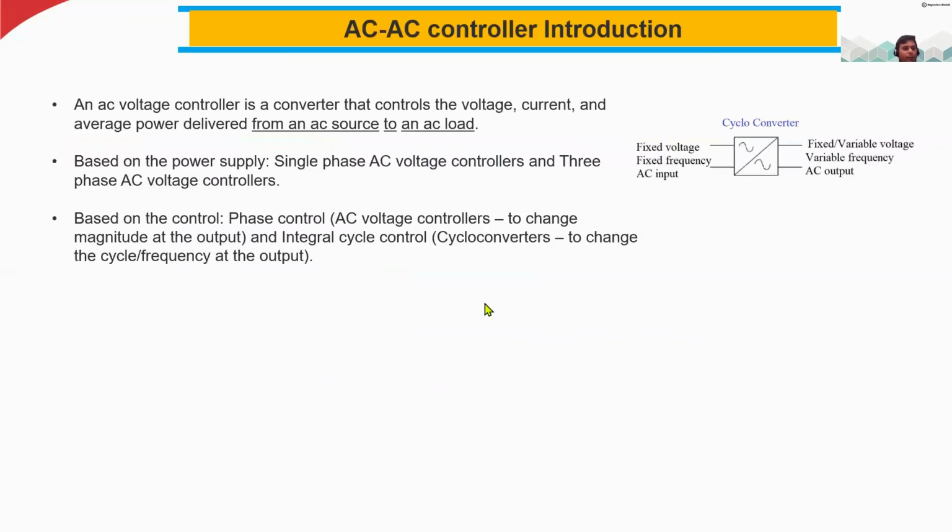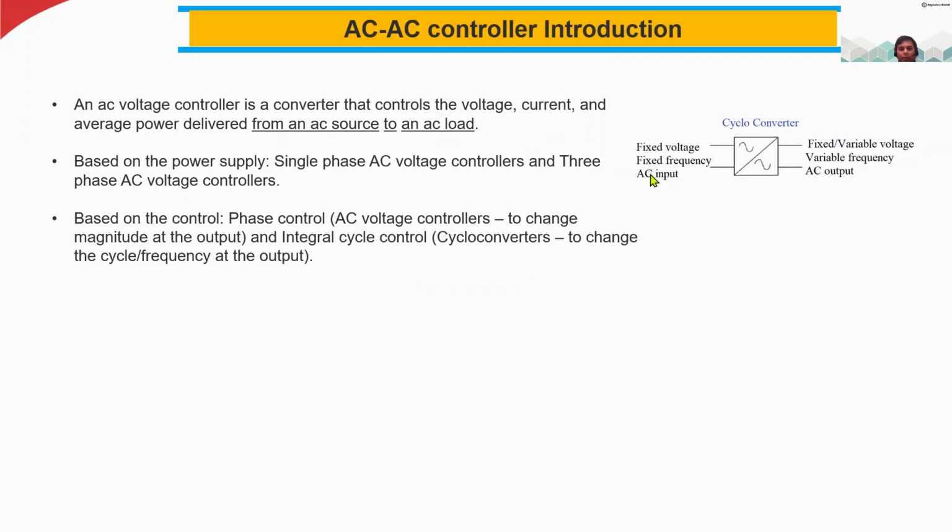So let's start now. As I said, an AC voltage converter controls the voltage, current, and average power delivered from an AC source to an AC load. So here you can see this is the cycloconverter. We are applying the AC input and we are getting the AC output.